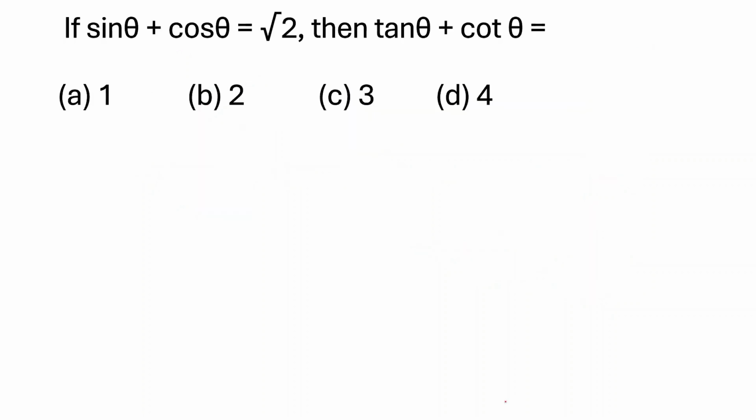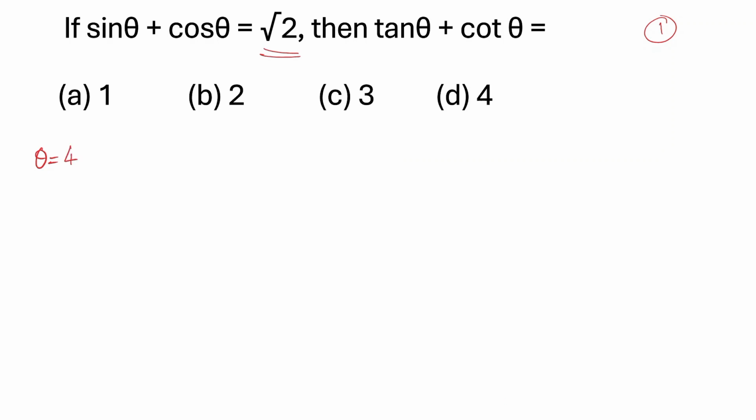If sin theta plus cos theta equals root 2, then tan theta plus cot theta equals. So this is also a 1 mark question because you have to select the answer from the options. This also you can guess the value for theta. Actually it is root 2, right? So can you guess what could be the value for theta?